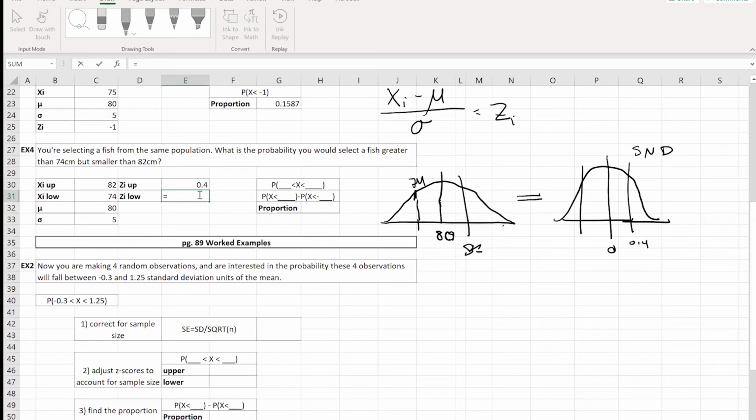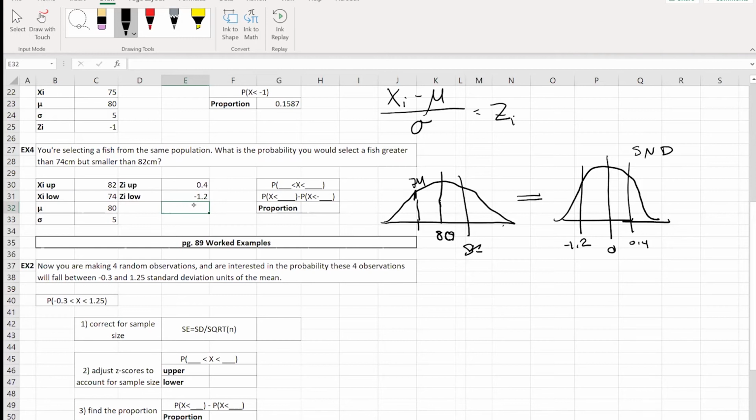We're doing it for the lower limit, so now we've got 74 minus our mean divided by our standard deviation, negative 1.2. So that's this z-score value over here, negative 1.2.